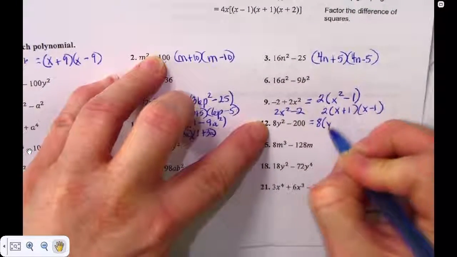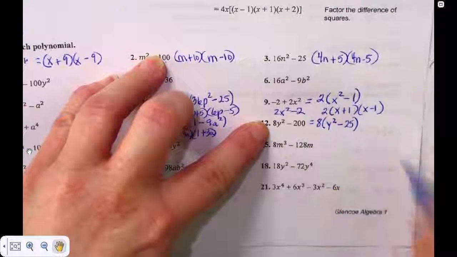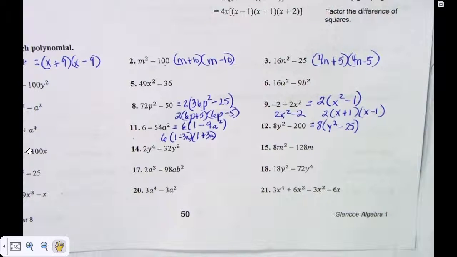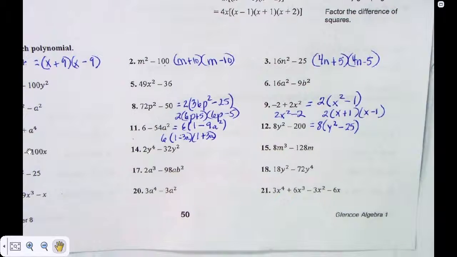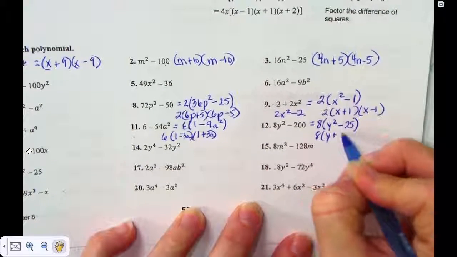Okay, 8, so it'll be y squared minus 25. And look, when you see a binomial, that's one thing we have to look for. I see a binomial, it's subtraction, both are perfect squares. I know I can factor it further. So it's going to be what? Y plus 5, y minus 5.